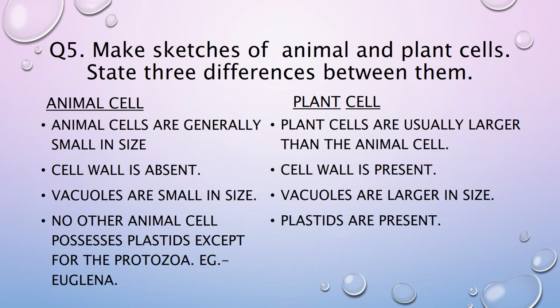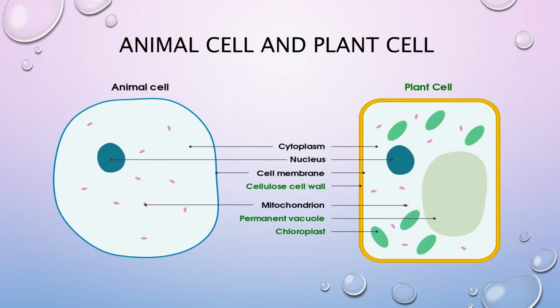In plant cell, plastids are present. Plastids are of different colors and they are scattered in cytoplasm. Here is the diagram, that is animal cell and the plant cell. Cytoplasm is visible in both. Nucleus is also present in both.